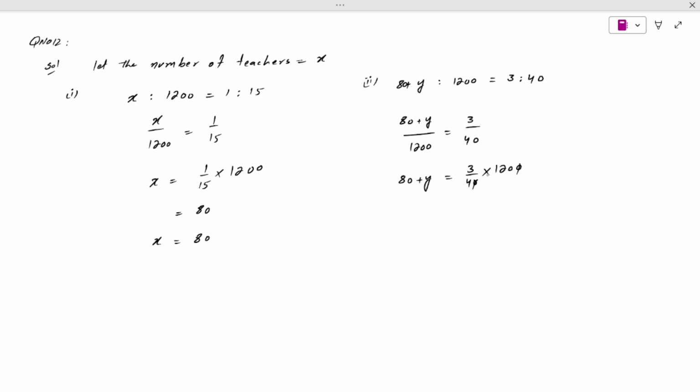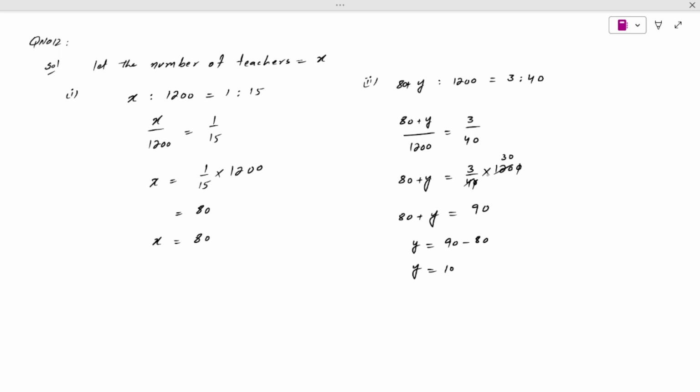Solving this, 40 times 30 is 1200, and if we multiply 30 by 3 we get 90. Subtracting 80 on the right side, we get the new number of teachers, that is 90 minus 80. So 10 teachers joined the school. Hence the answer to the question.